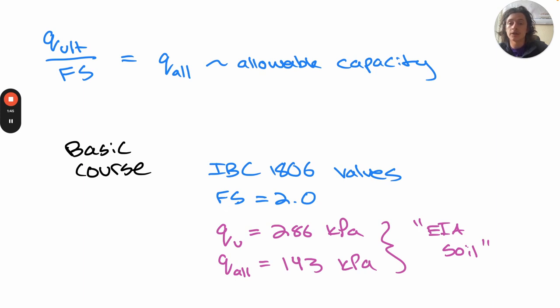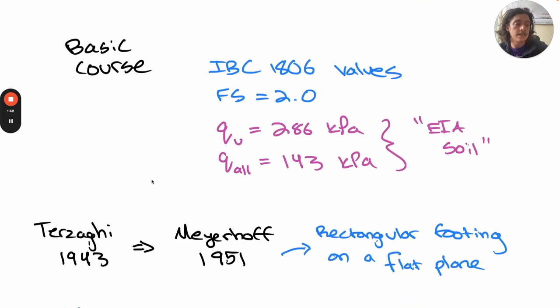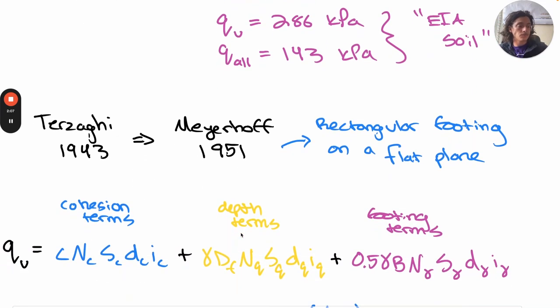We'll start our journey with Terzaghi in 1943, whose work was then added to by Meyerhof in 1951 to find the bearing capacity of a rectangular footing on a flat plane. The full equation for this work is as follows.